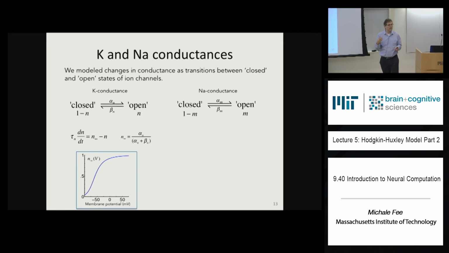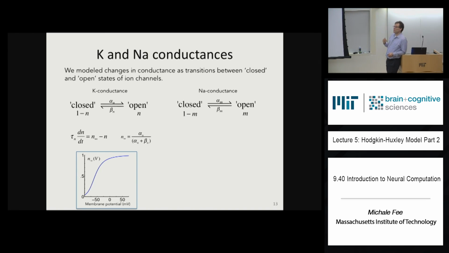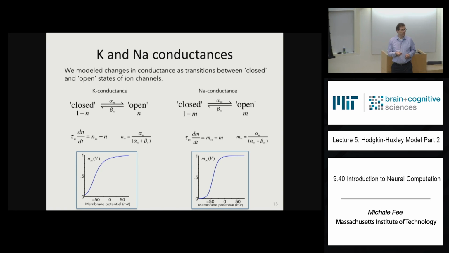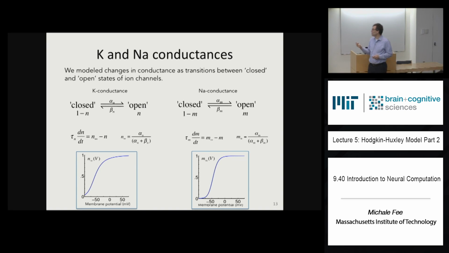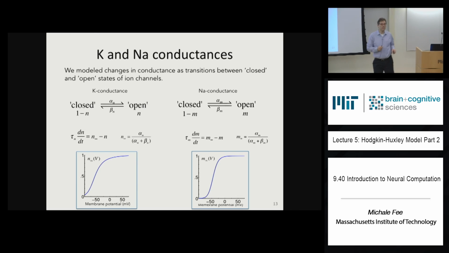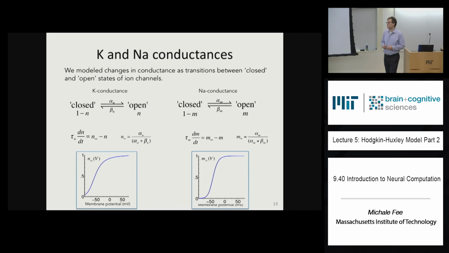So m is our activation gating variable for the sodium conductance. The probability of being in the closed state is 1 minus m. There's the same kind of differential equation for the m gating variable, and an m infinity that has a voltage dependence that looks very much like the voltage dependence of n infinity.